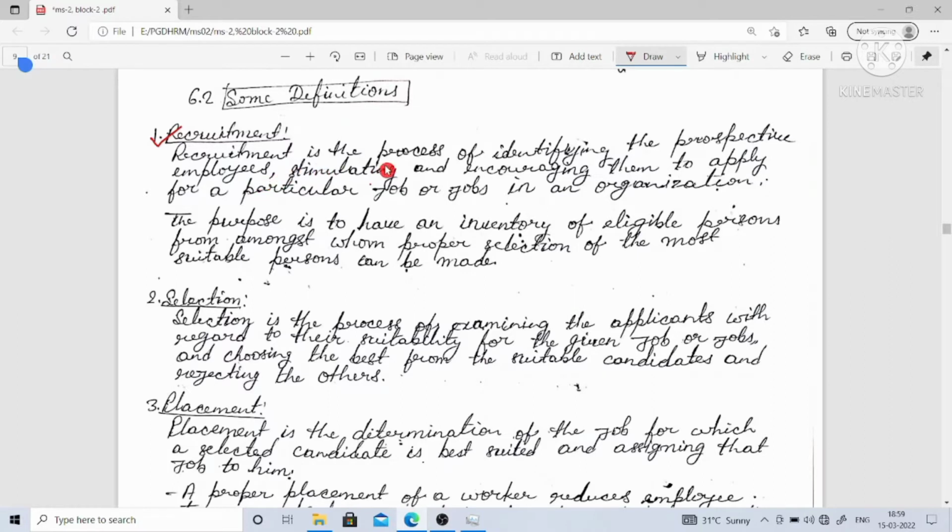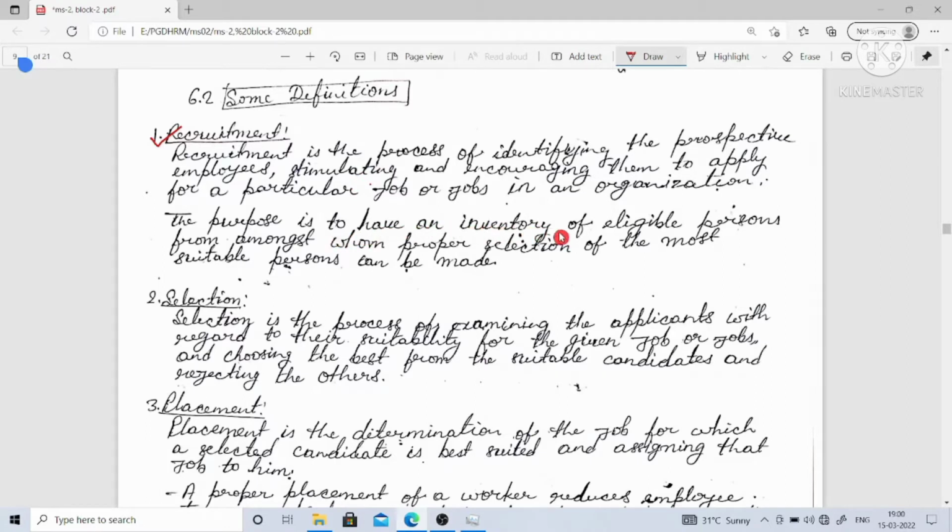Find those people. Then second, it is about stimulating and encouraging them. Stimulate means encourage them to apply for the particular kind of job in the organization. So recruitment is the process of identifying the prospective employees, finding out the people who are suitable for the job, and encouraging them to apply for the particular kind of job in the organization.